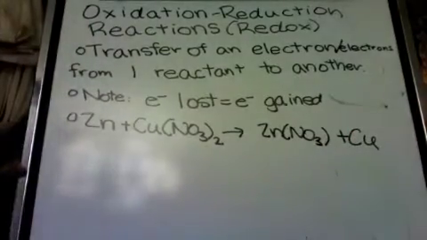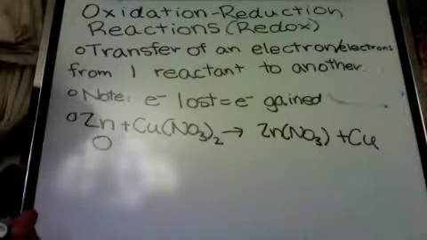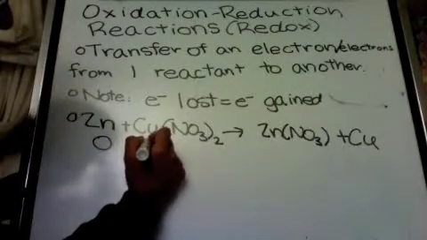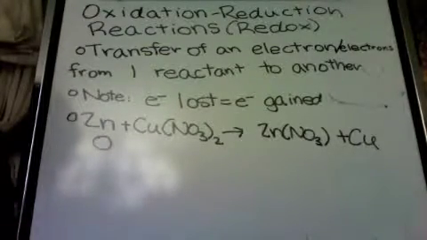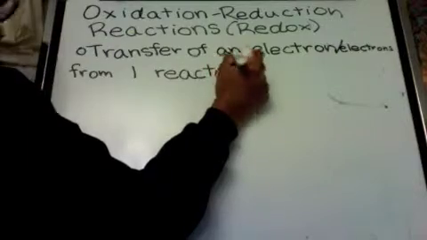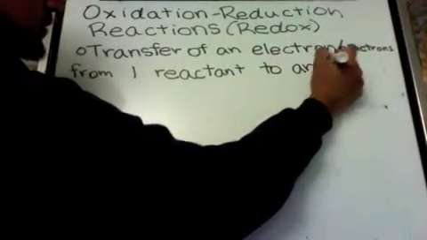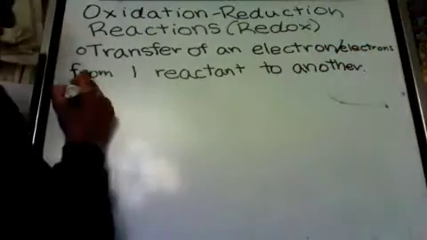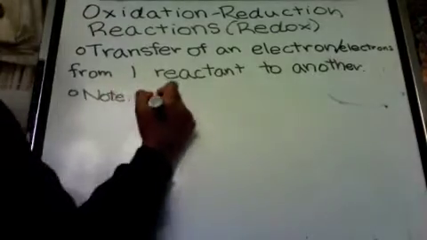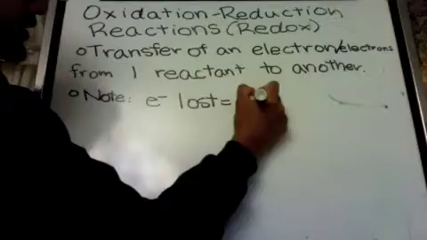So if we analyze these, we see that this has 0 valence electrons. And you should note that electrons lost must equal electrons gained.